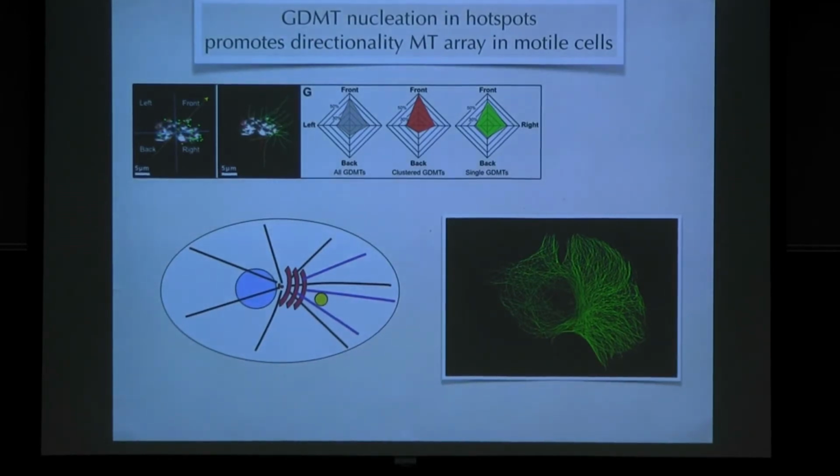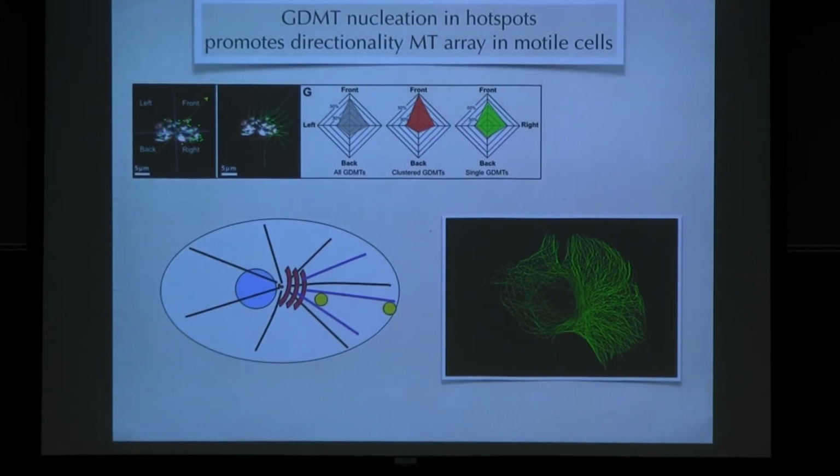So when they just simply nucleate randomly, it is not as polarized. So those which nucleate towards the front have higher probability to form a second microtubule. So yeah, that's all I know.